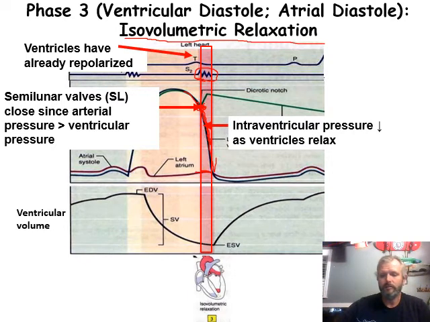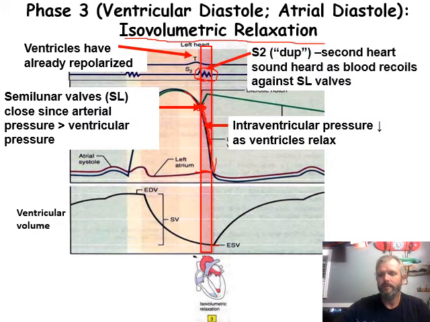There is no change in volume of blood either. And then once the ventricles are back and relaxed, that ends one cardiac cycle. This was all one cardiac cycle. We start the cycle all over again.